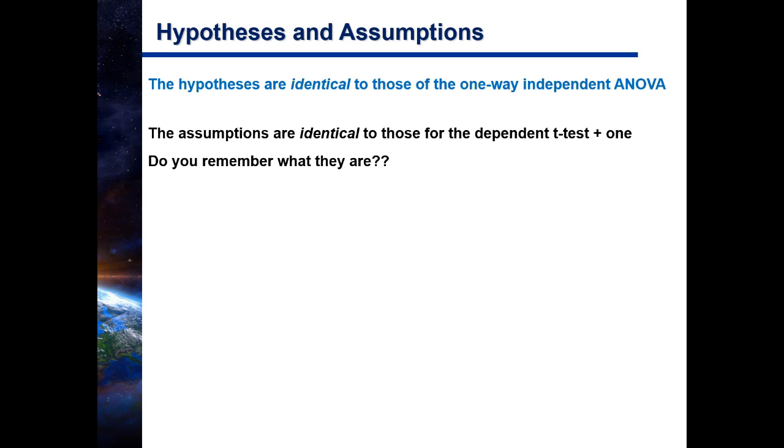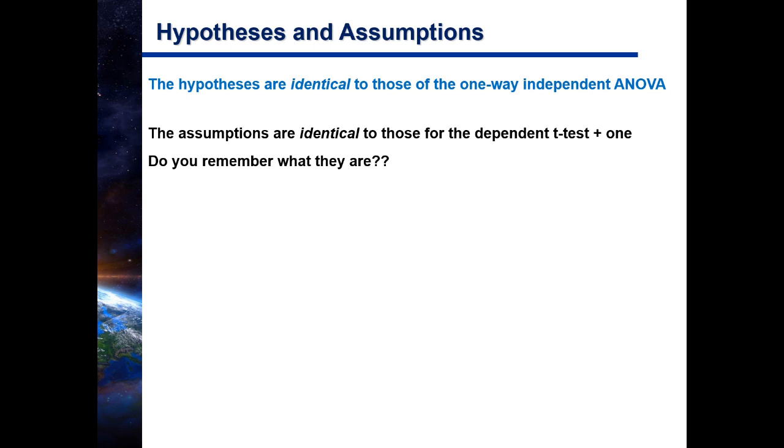Because in both the dependent t-test and the repeated ANOVA, you either have the same people in each group or they've been matched. So it would make every bit of sense that the assumptions should be the same.